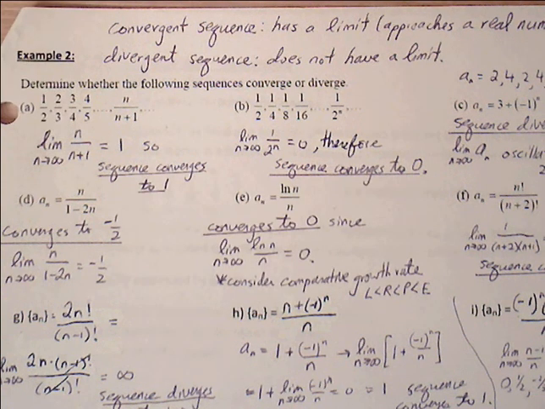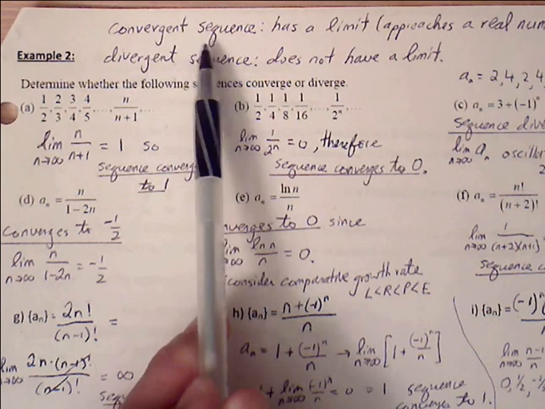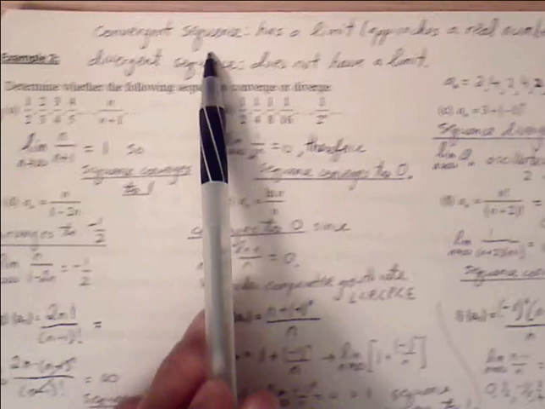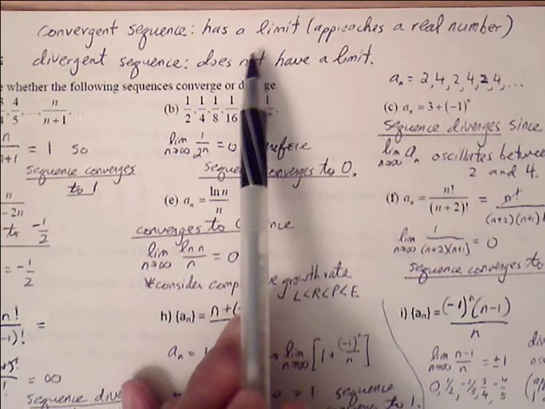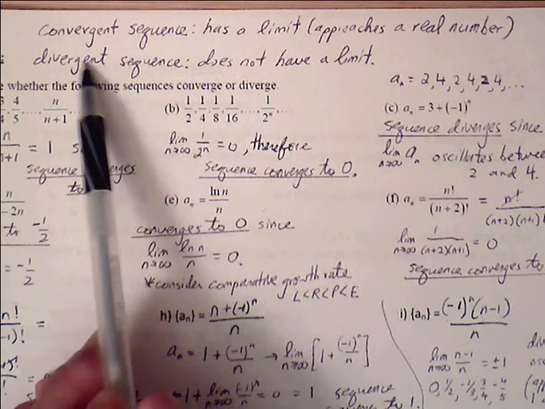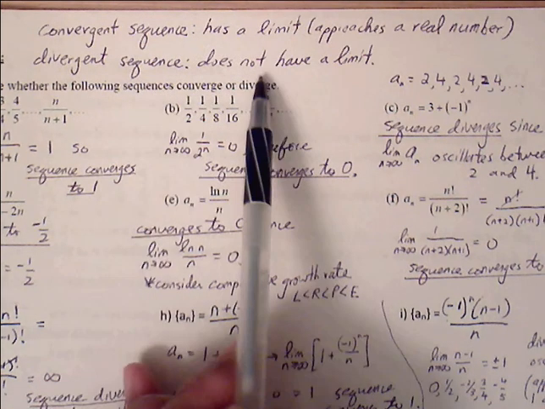Okay, continuing with notes from section 9.1 on sequences. Just to recap for a little bit, a convergent sequence is simply a list of ordered numbers that has a limit and approaches a real number. A divergent sequence is a list of ordered numbers that does not have a limit.